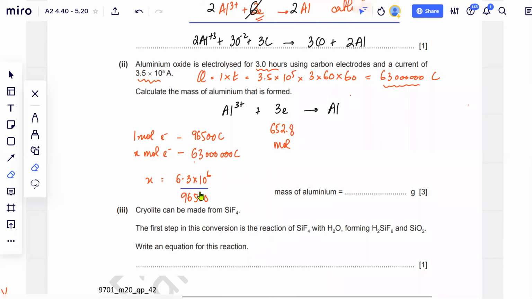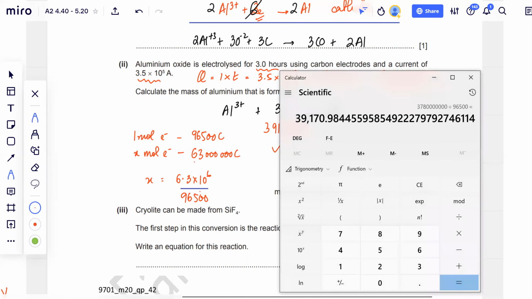39,171 moles, right? So this is the correct one. Now you have to find the moles of aluminium. You found the moles of electrons that are flowing through the circuit. Now you have to find the moles of aluminium. That's going to be divided by 3. So divide the same thing by 3. And if we do that, what do we get?